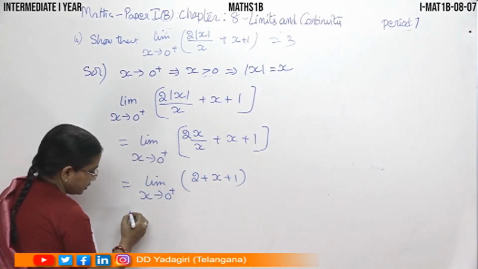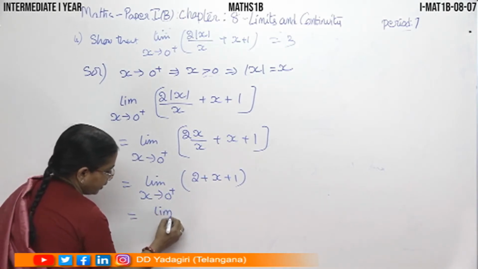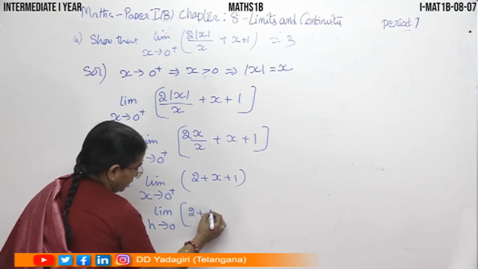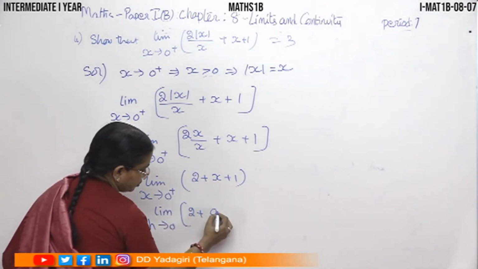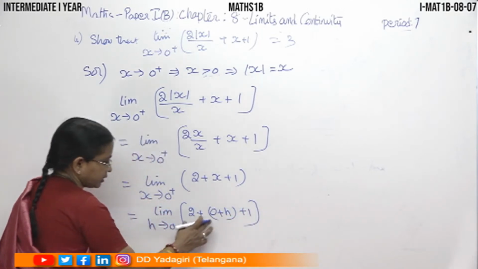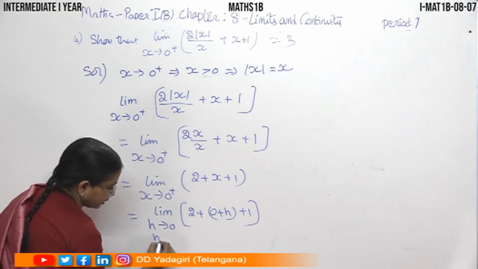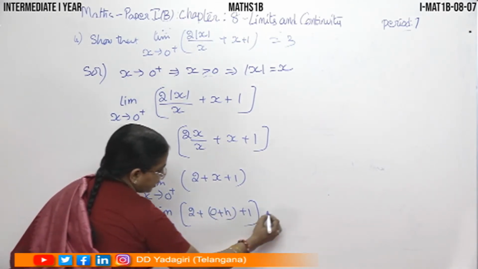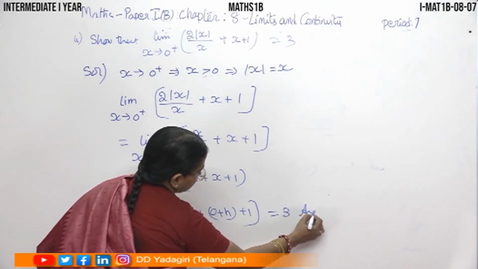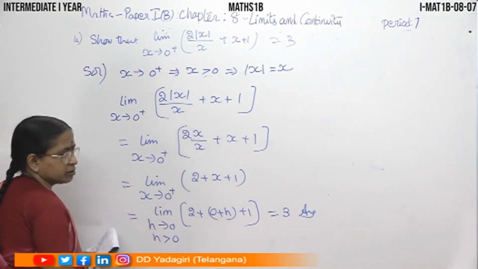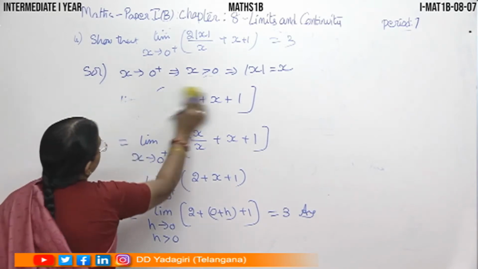Now to remove this 0 plus, we should write the limit as h tends to 0 of 2 plus 1, with x as a plus h, where h is greater than 0. Now put h as 0. So this is 2 plus 1, 3. So the answer is 3. Like this we do. Or directly when you substitute x as 0, that is also okay. You can write that.